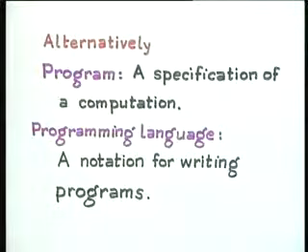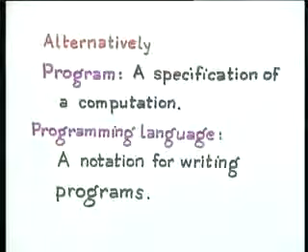A programming language itself is not a finite object, because there are an infinite number of programs that are possible. But each program itself is a finite object because it's just a sentence of the programming language. And then, if you look upon a computation and the steps in a computation as the most basic feature, you might think of a programming language just as some notation for writing programs.